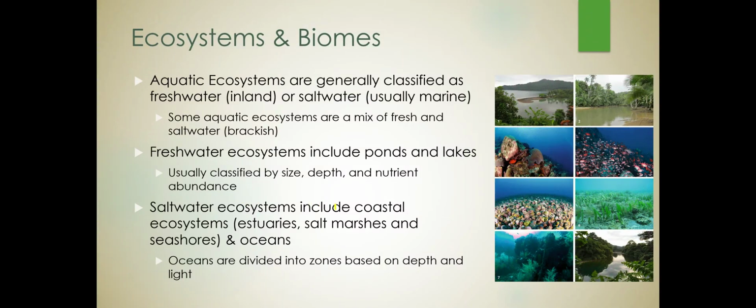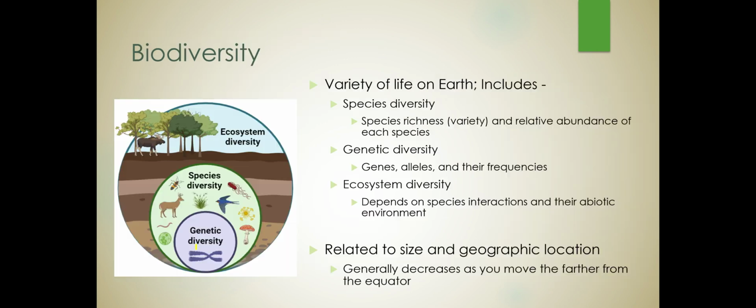The saltwater ecosystems could be coastal, like your salt marshes or your estuaries, where you have a mix of salt and freshwater. And then you're going to have your basic oceans, and your oceans are classified into different zones, like open ocean, bottom of the ocean, how much light do they get, what are the depths, and what kind of organisms live there. So there's a huge amount of diversity on our Earth when it comes to ecosystems and biomes.